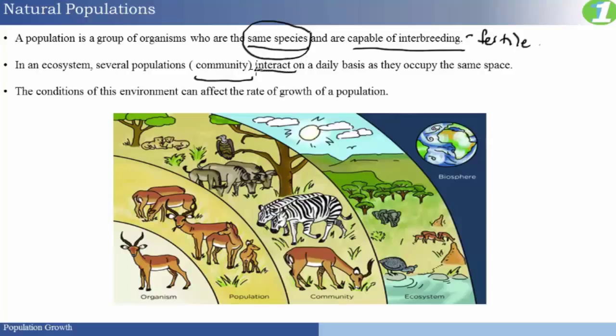And these interactions and the environment that the organisms are in on a daily basis affect the rate of growth of that population, right? So those who are experiencing favorable interactions as opposed to negative ones, or they're not competing, they don't have to be escaping prey every single second, then they have a greater ability to grow.